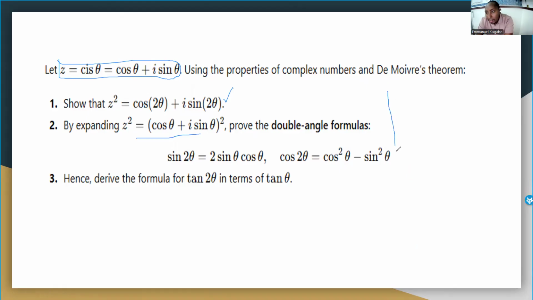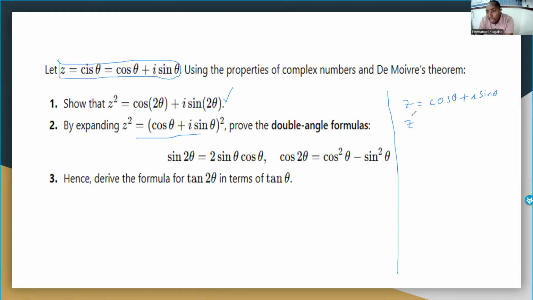So what do I have here? I have Z equals to cis theta. Let me go with the expanded version of it: cos theta plus i sin theta. Is that okay? Now, what's Z squared?